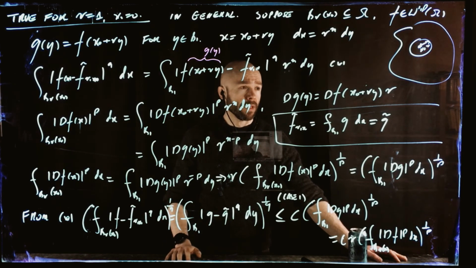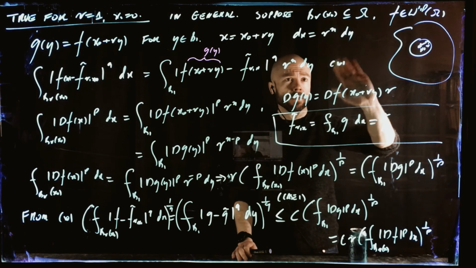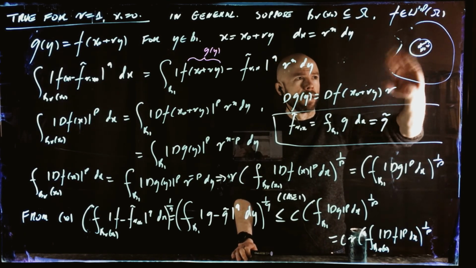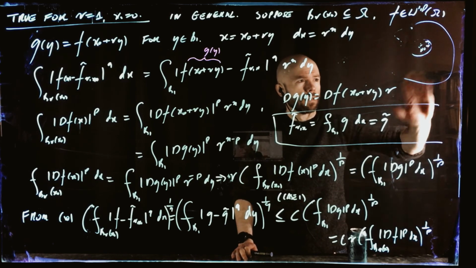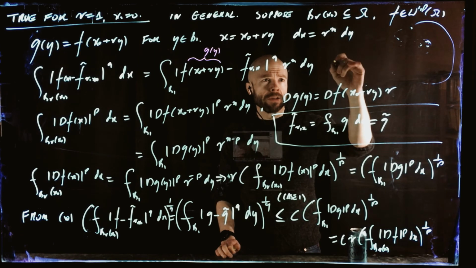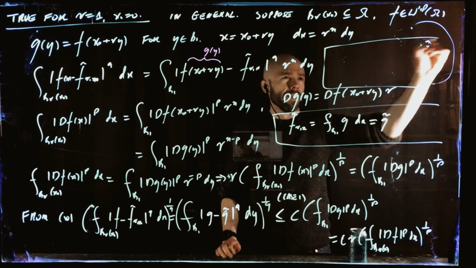I mean, the Sobolev inequality comes down to the isoperimetric inequality in the end, and maybe that's a nicer statement, that we can control the area by the perimeter, right?